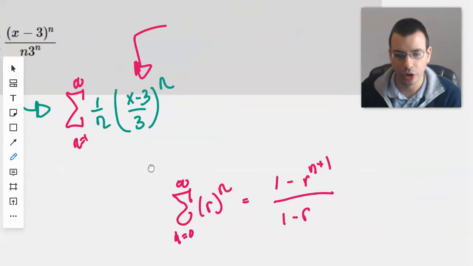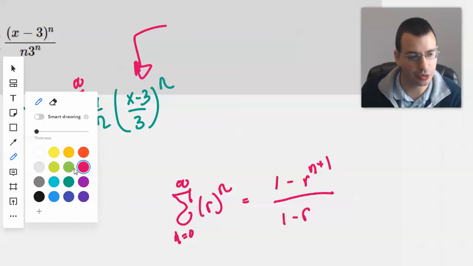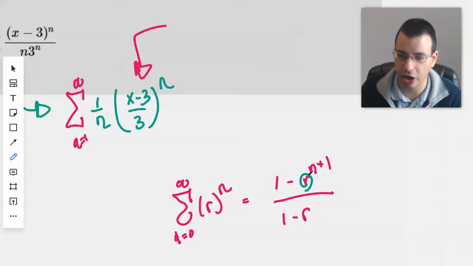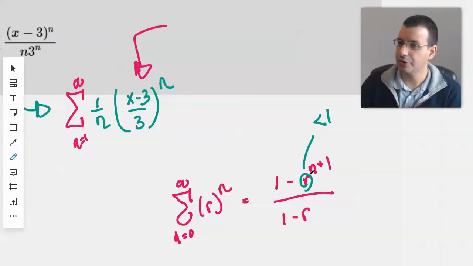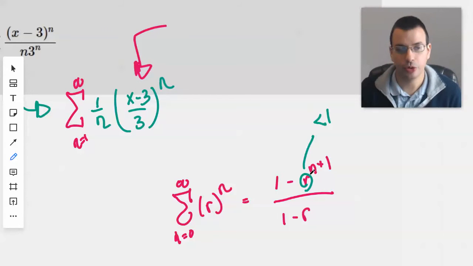Long story short, you can look right here and see that if r is less than 1, then r to infinity will actually go to 0. So the goal here is you want to have the absolute value of (x minus 3) over 3 less than 1. That way it will go to 0.